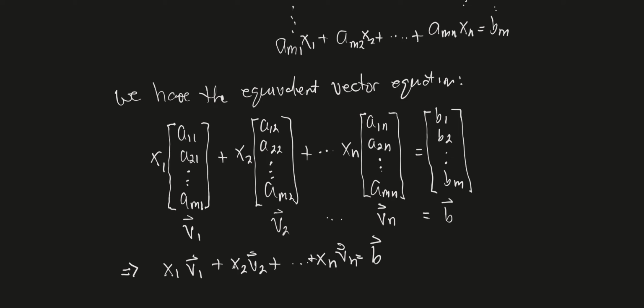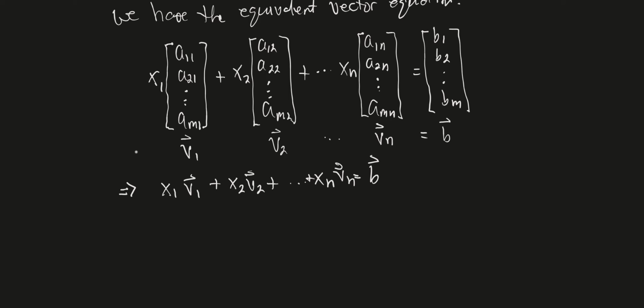Now, let's state everything here. The xi's are your scalars. In other words, those are the constants that we're trying to find that I would need to multiply the respective columns by, and then when I add them together, if I find a solution, I would have to get the column of b's.